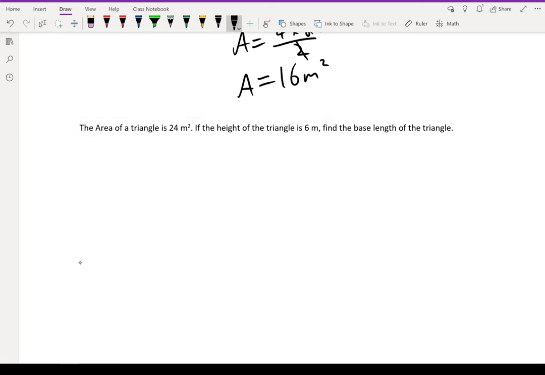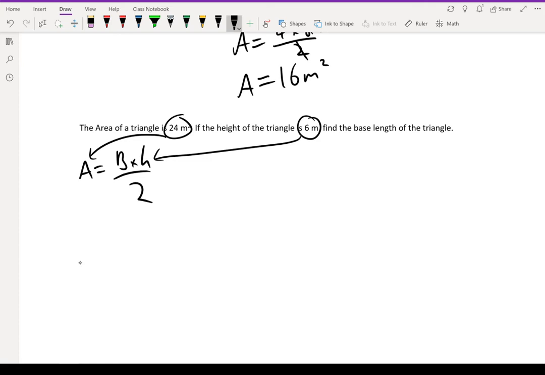And so let's write down the equation. Area is equal to base times height divided by 2, and then all we have to do is substitute in the values. 24 is the area that goes in here. The height of 6 meters goes there. So 24 is equal to base, which is unknown, we have to find it, times 6 divided by 2.